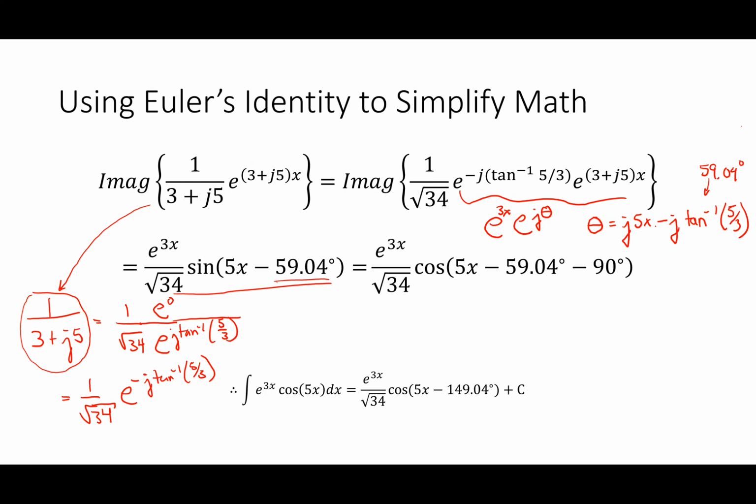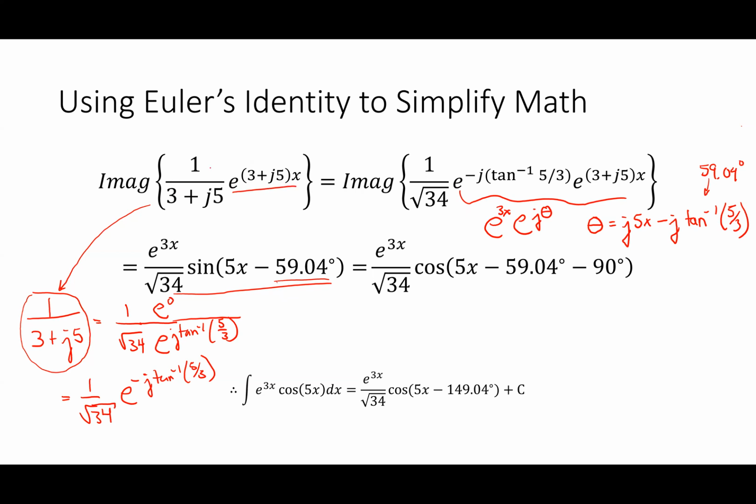Not precisely. I kind of get it. Well, this is one of those things that, I think practice is the key thing. What I'm really doing is taking a different approach. If I have division, which is what I have here, I have this complex number being divided by 3 plus j5.